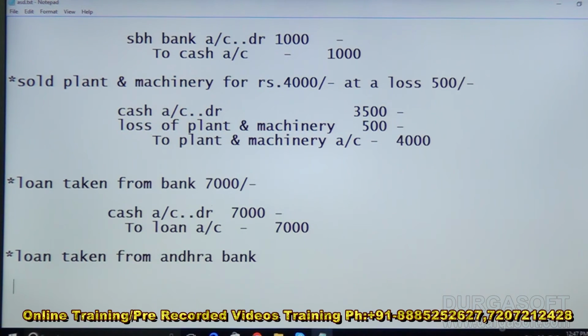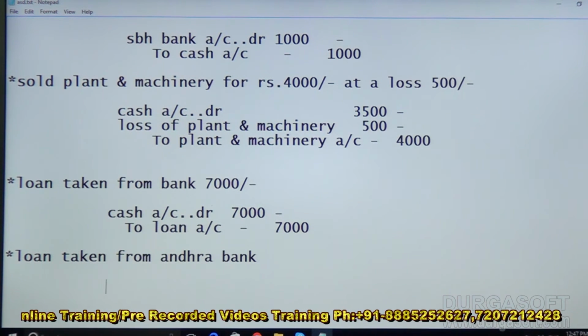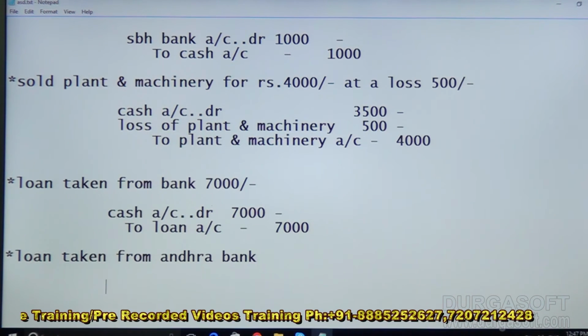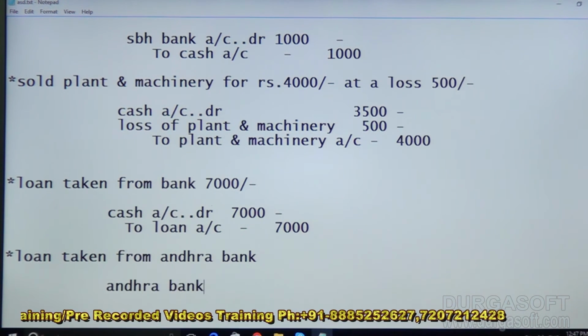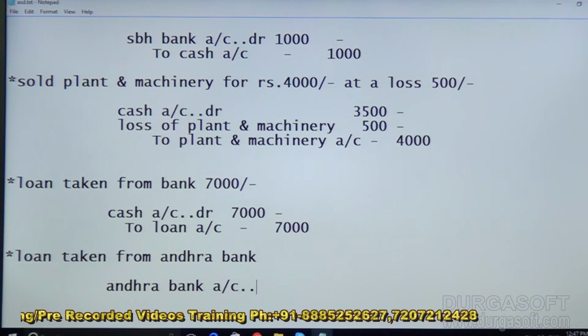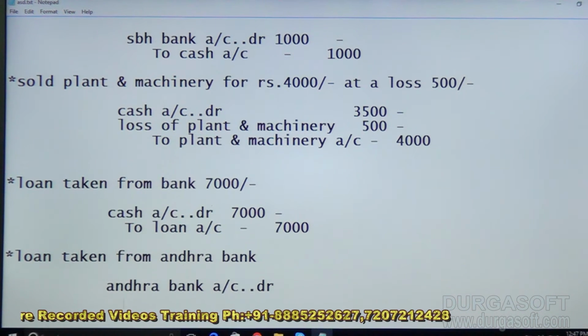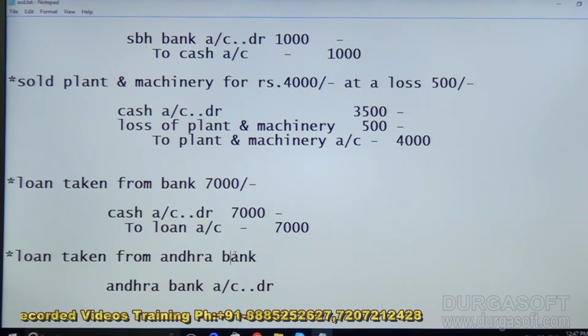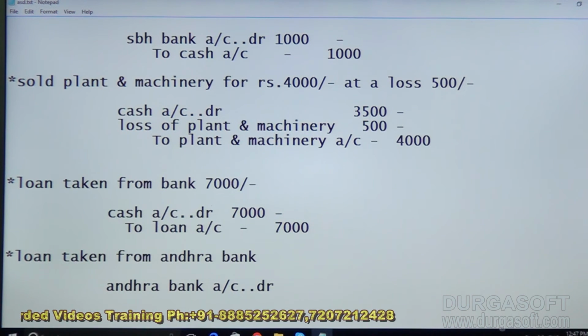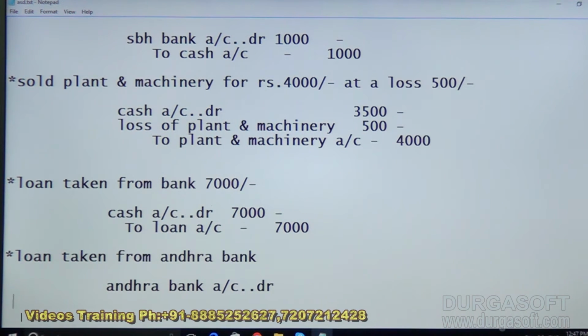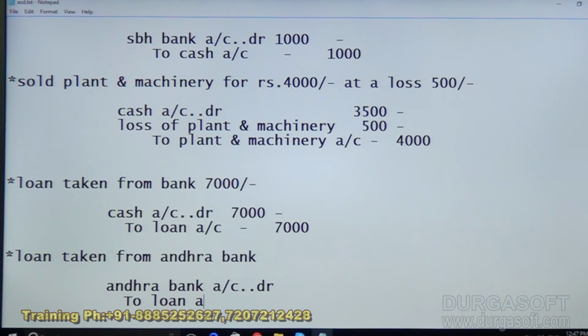So the entry we can write: Andhra Bank account debit to loan account. Whatever amount you have mentioned, represent the entry in this way, depending on your transactions.